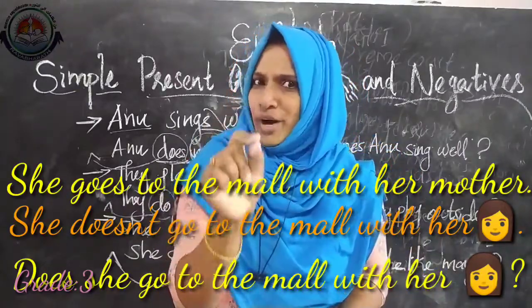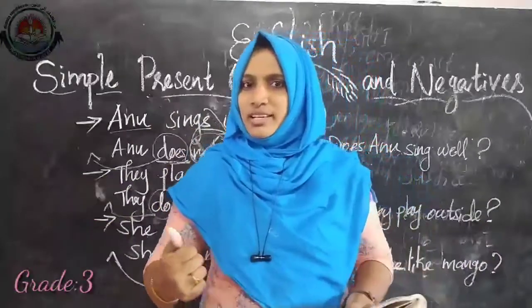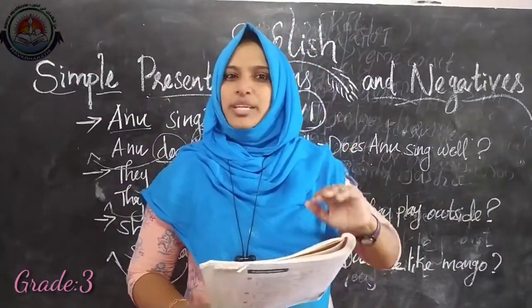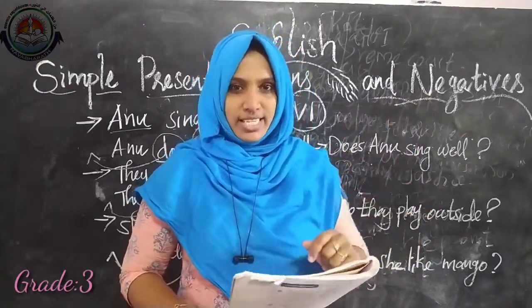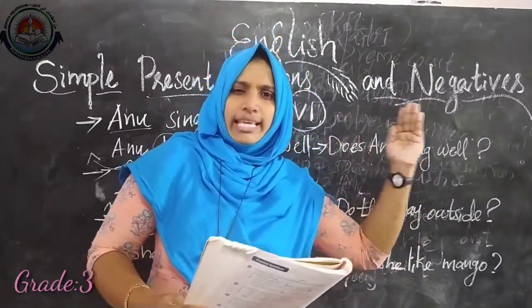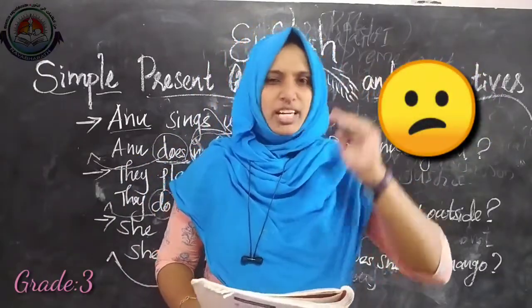So children, why is ma'am making you form the negative sentence first? Because then only you can make the question very easily from that negative sentence. If you go directly to the questions, there will be some difficulties and you will be confused.